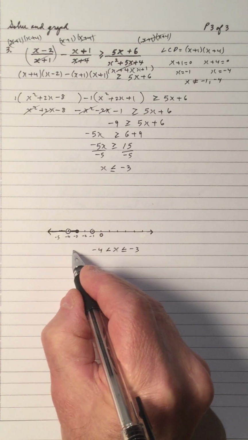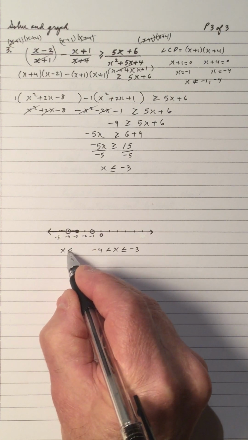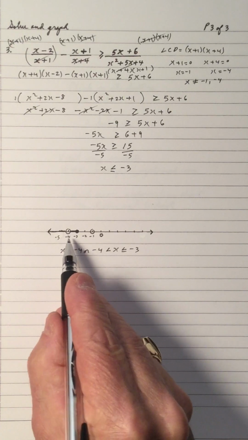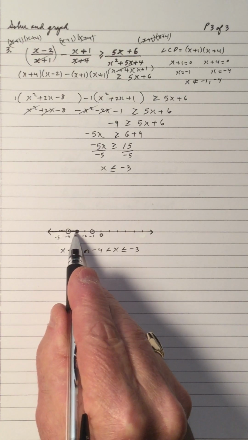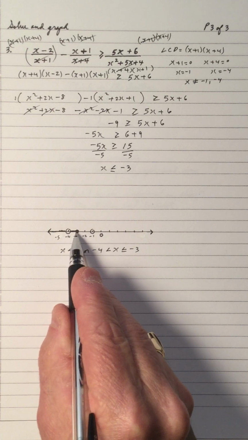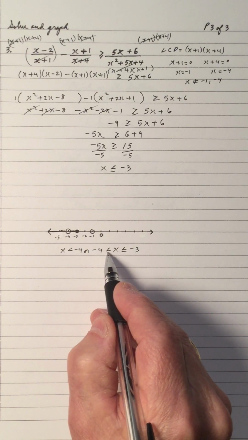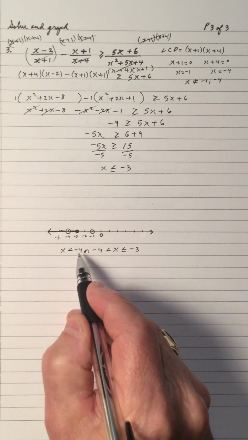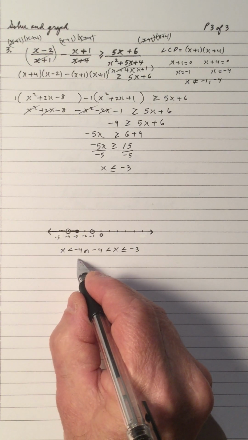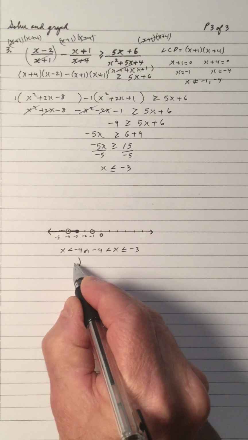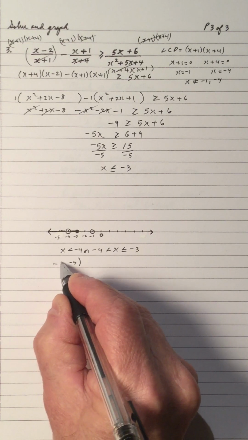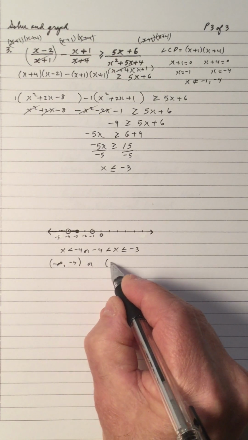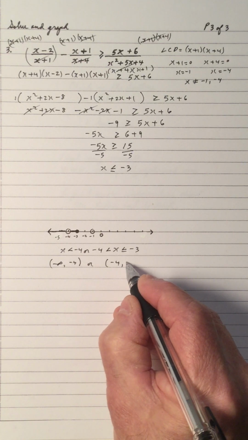And right here we have x is less than negative 4. And that's an OR. So notice we have the values of x between negative 4 and negative 3, but not negative 4. And right here we have less than negative 4, but not negative 4. So in interval notation, this one is open at negative 4 going to negative infinity, or, and this is open at negative 4 and closed at negative 3.